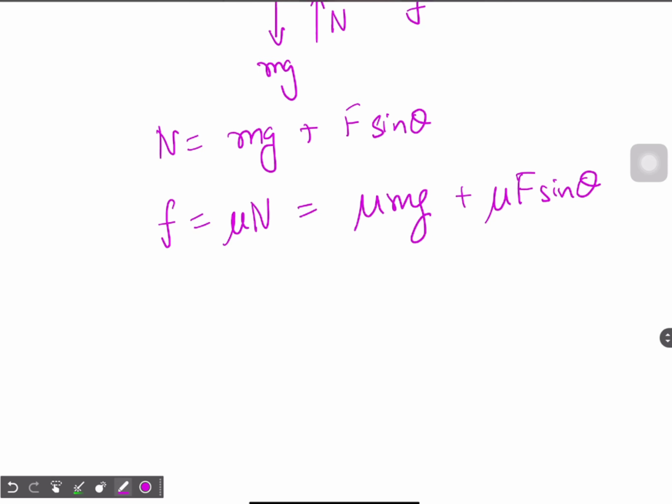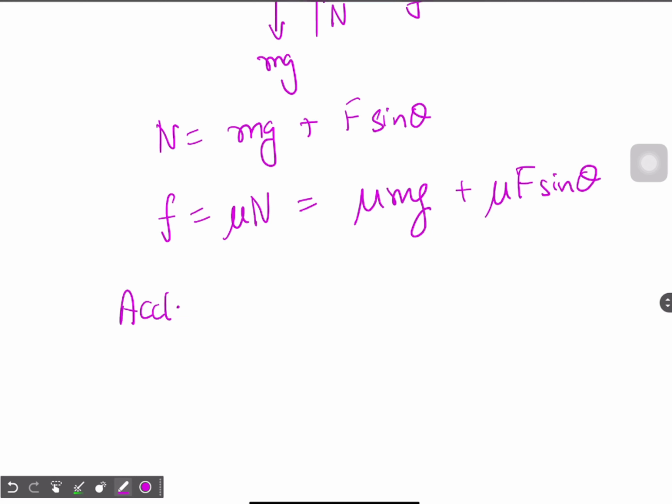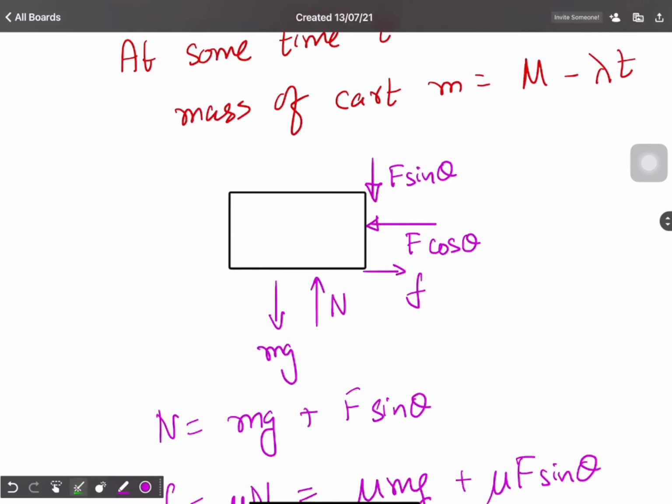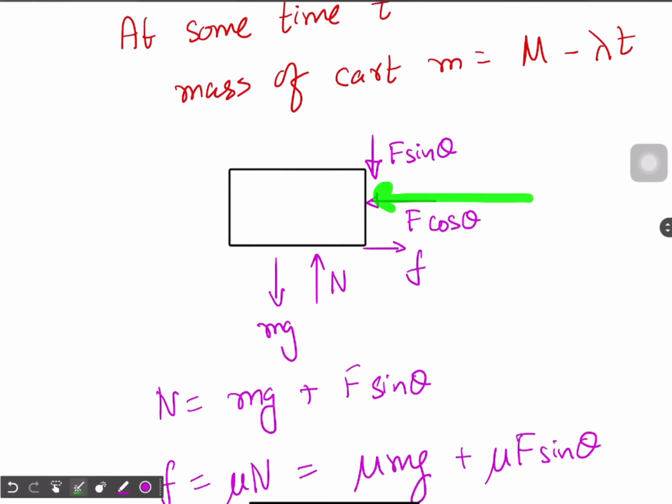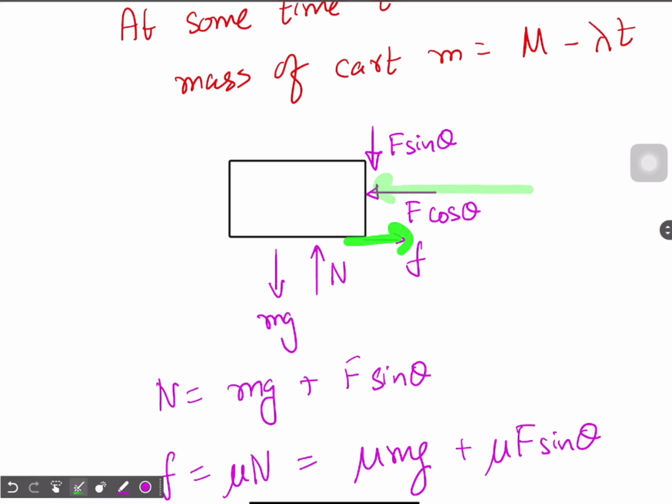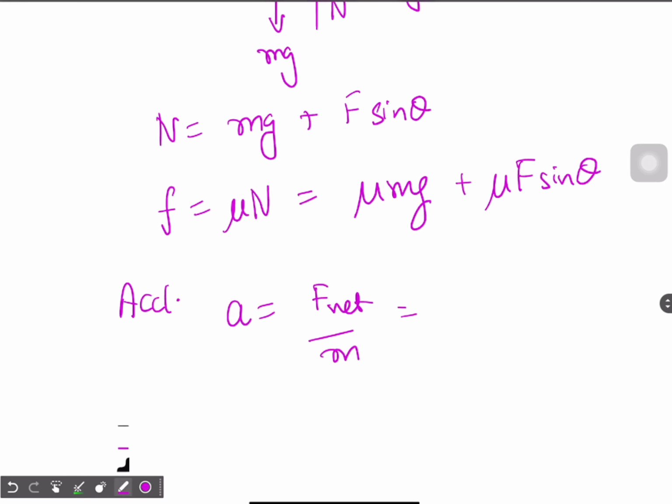Now if you want to write the acceleration of the cart, acceleration will be net force divided by mass. Net force is how much? Along one direction we have F cos theta, in the other direction we have small f. So we can write F cos theta minus small f, divided by m.